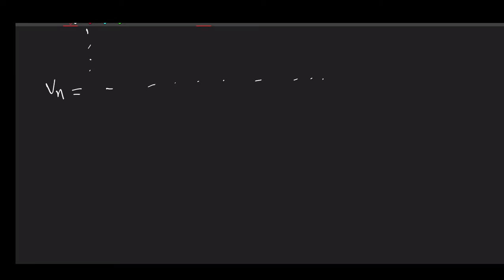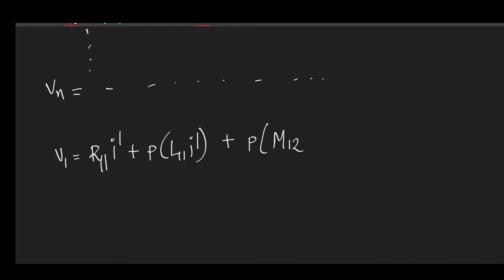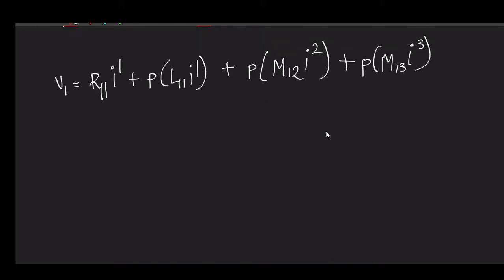Now we can write V1 is equal to, replacing d/dt by P, R11 I1 plus P L11 I1 plus P M12 I2 plus P M13 I3. Here I just forgot to write that.